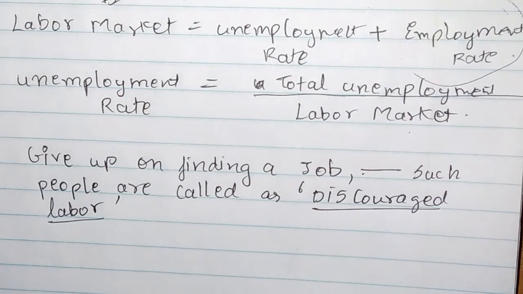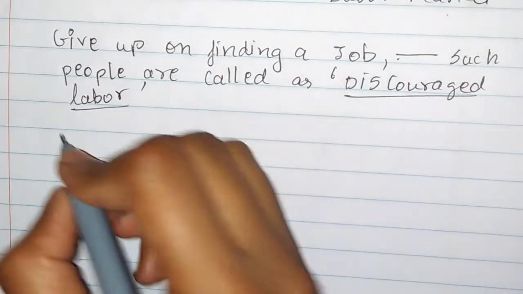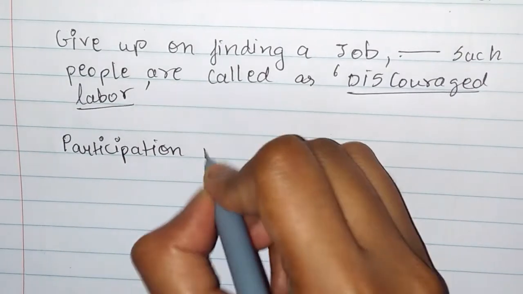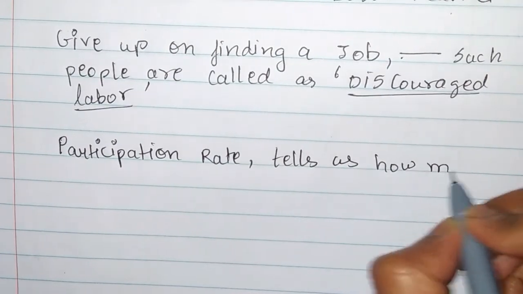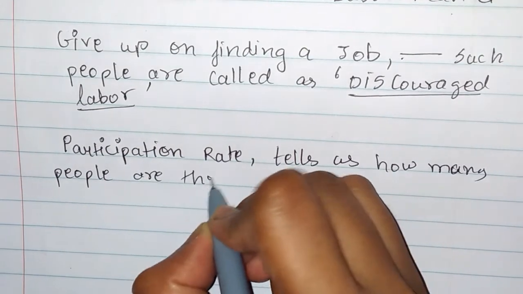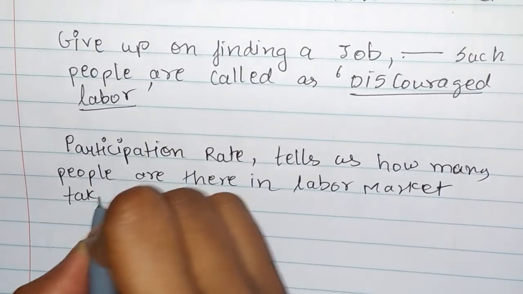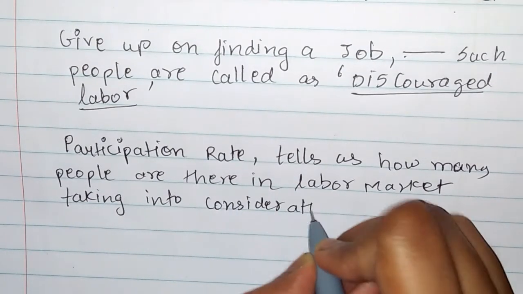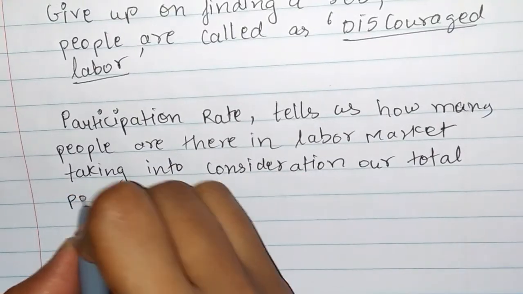Here comes the other concept, where we will understand the participation of the people. The participation rate tells us how many people are there in the labor market, taking into consideration our total population.